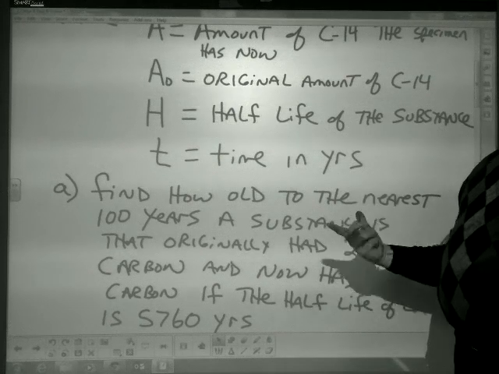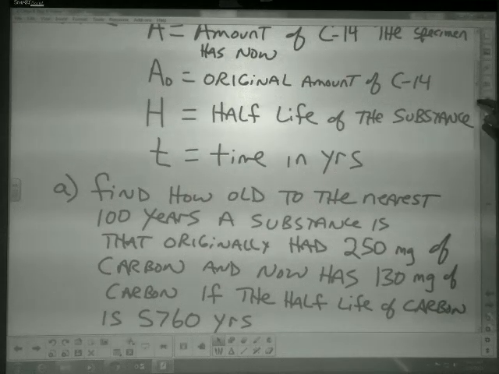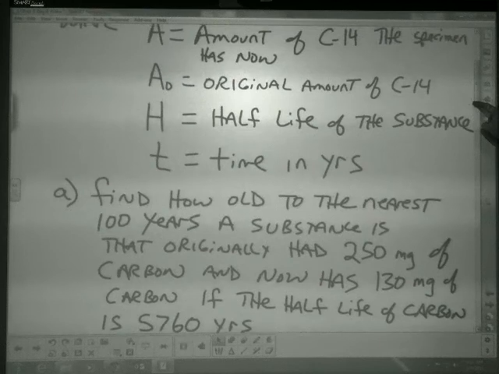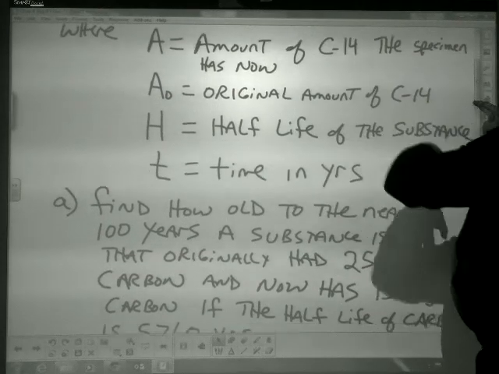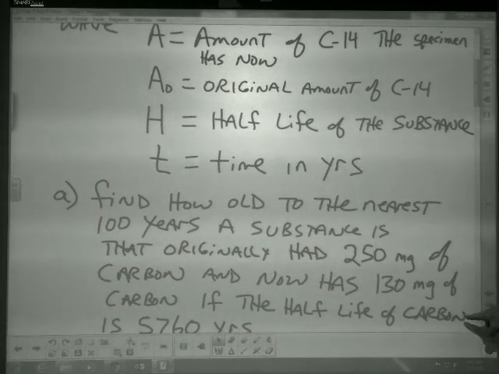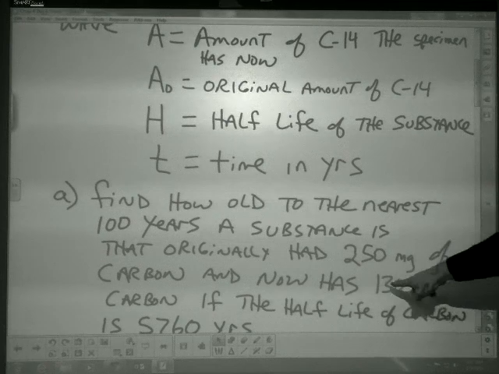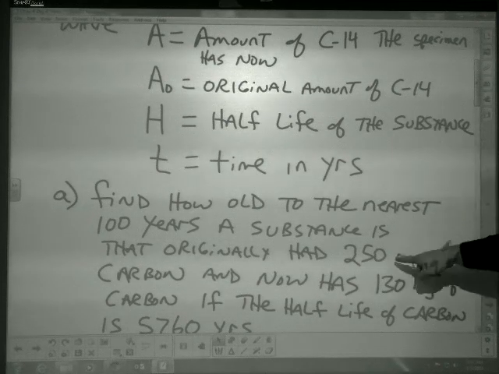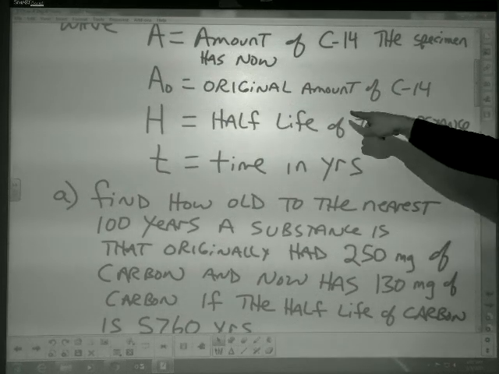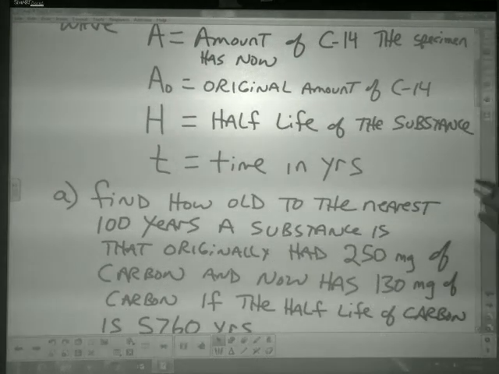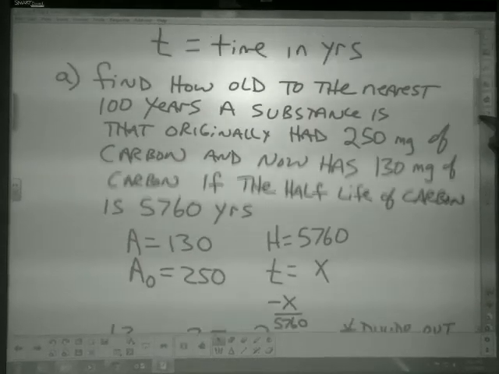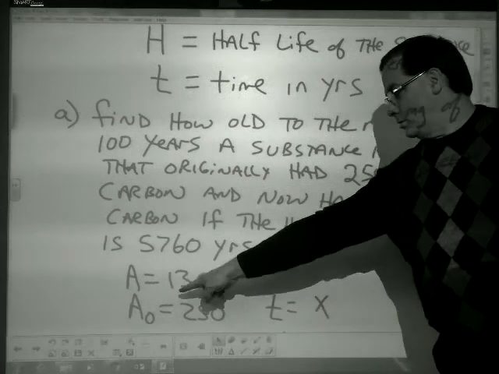They want to figure out how old this item is. Well, you have to identify all of the pieces. The amount that it has now, 130. The original amount, 250. The half-life, 5,760. So I identify all of those pieces.